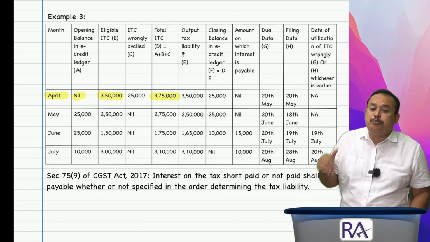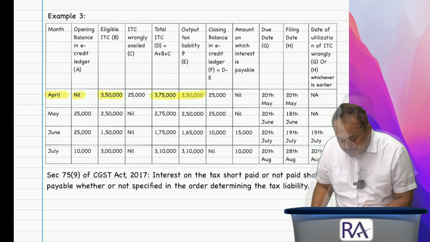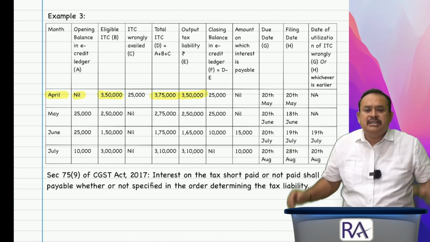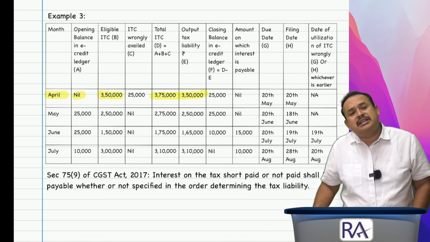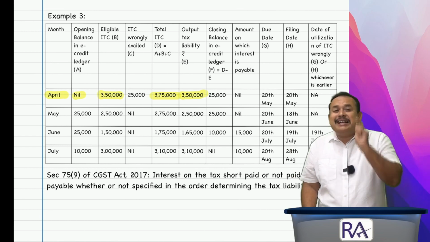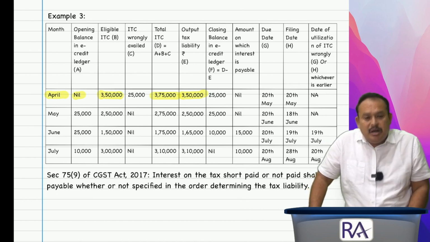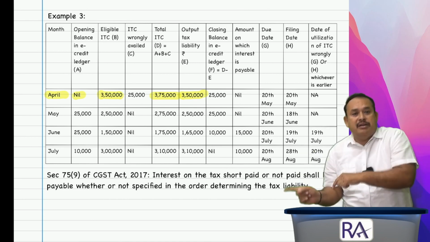What is my output tax liability? My output tax liability for the month of April is 3,50,000. Out of the output tax of 3,50,000, I have adjusted 3,75,000. Still I have excess credit of rupees 25,000. The excess credit of rupees 25,000 is more than or equal to the input tax credit wrongly availed.